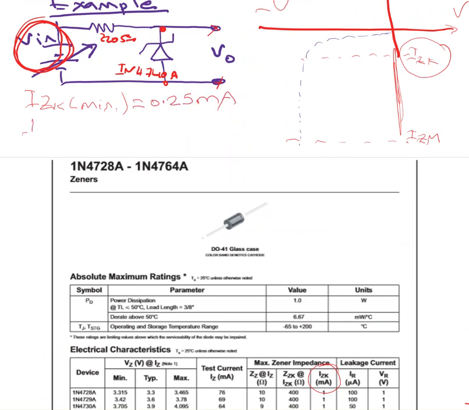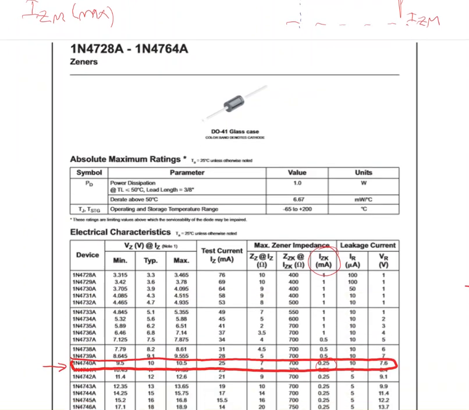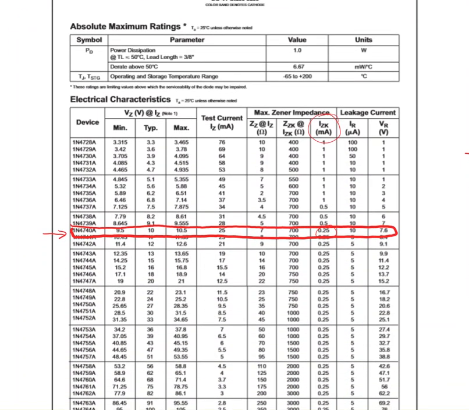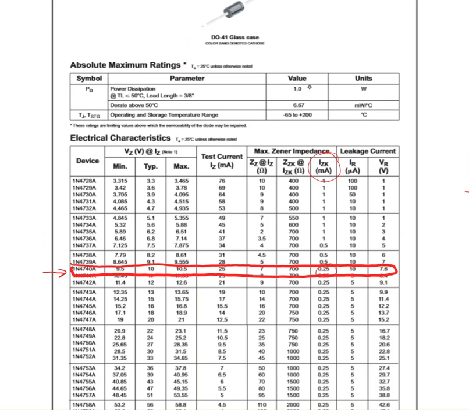On the other hand, if I would like to get IZM, which is the maximum current, unfortunately it's not given in the table or the data sheet, but we can calculate it from the numbers we just mentioned before. I can get IZM as my PD divided by VZ, which is the voltage of the Zener diode.